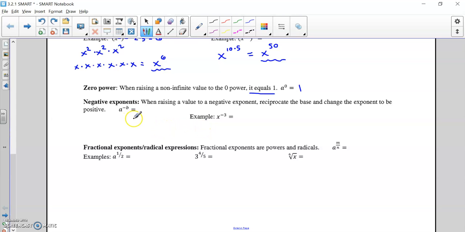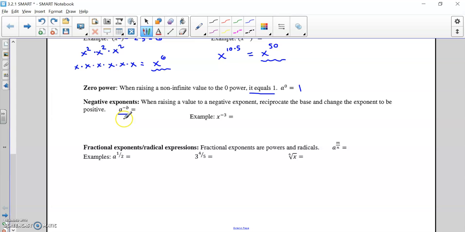All right, negative exponents. So in math, we don't really like negative exponents. So we have a way to rewrite this so that it is no longer a negative exponent. Now, the way I like to think about this is the negative sign is kind of used like a hall pass, okay? Let's first imagine that every number, right?